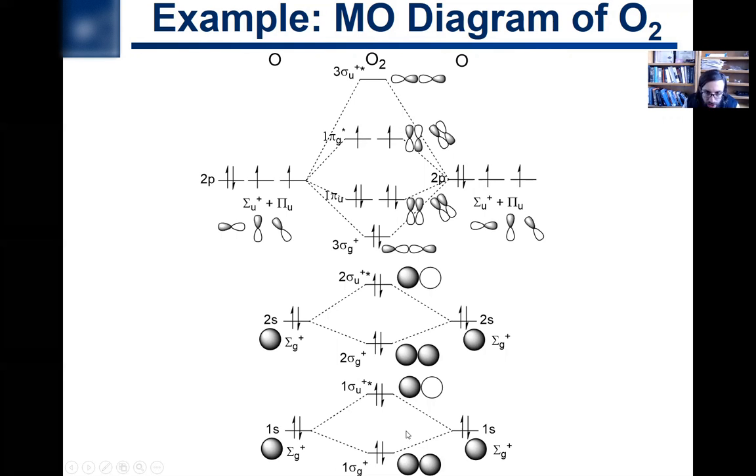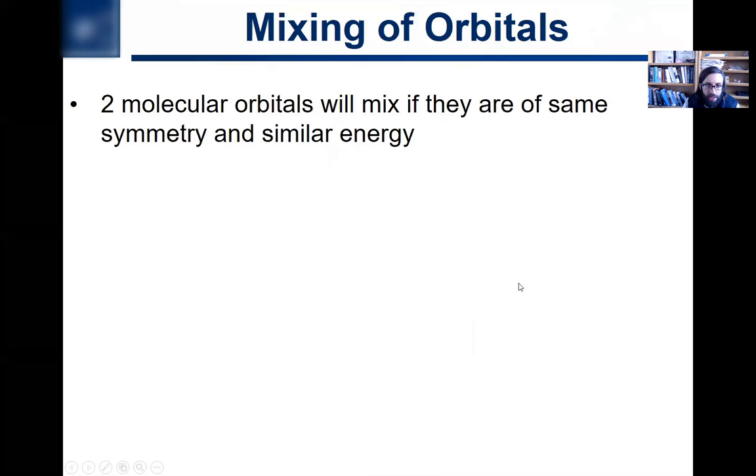Here, bonding: 2, 4, 6, 7, 8, 9, 10 bonding electrons, and we have 2, 4, 6 anti-bonding electrons. So it's 10 bonding minus 6 anti-bonding. That's 4, divided by 2 gets you a bond order of 2, a double bond.